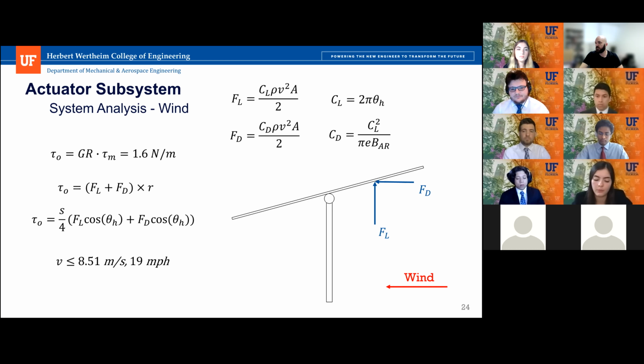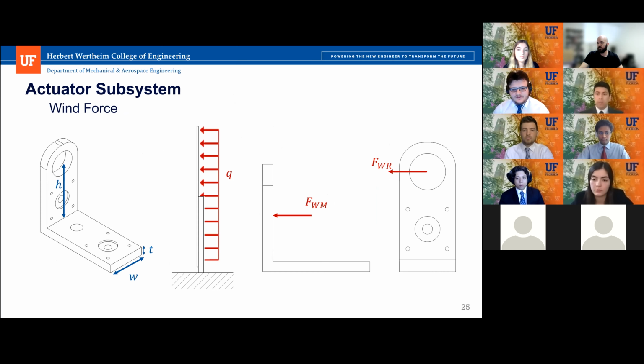From these calculations, through the increased holding torque that we get from the gear subsystem, we can sustain wind velocities of up to 19 miles per hour, where the average wind velocity is a bit less than 10 miles per hour. Meaning that we can operate in most conditions except emergency conditions. So we can move on to the next slide.